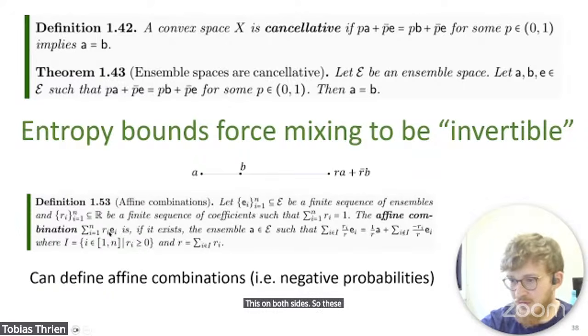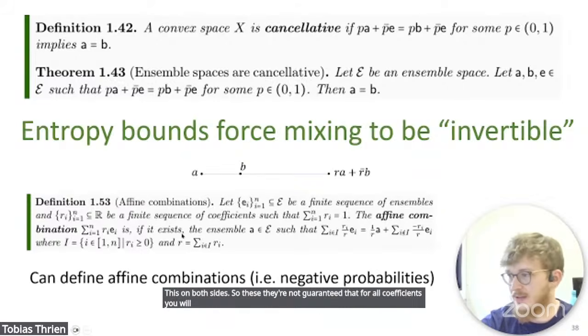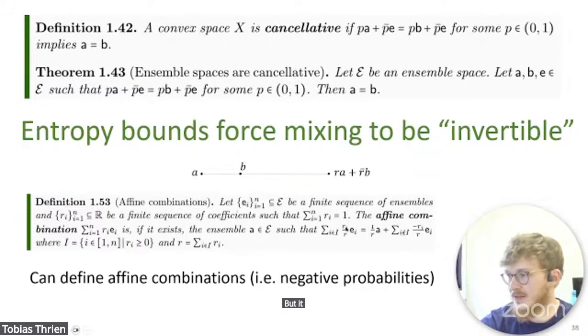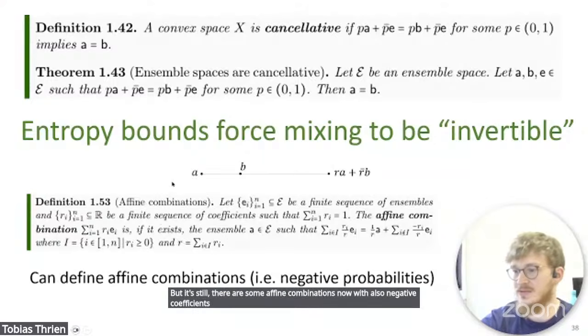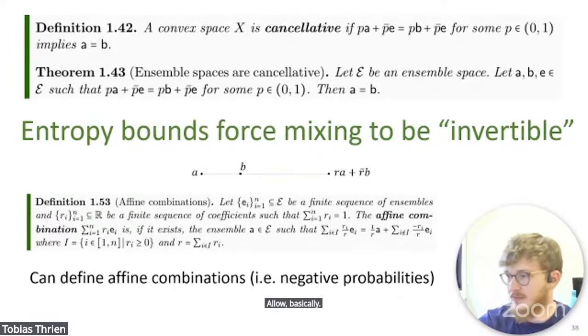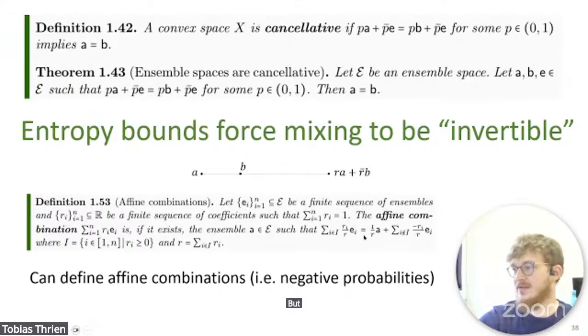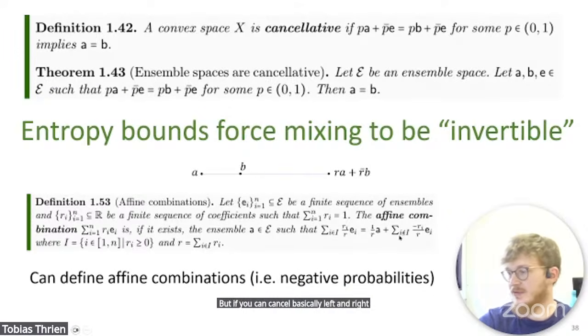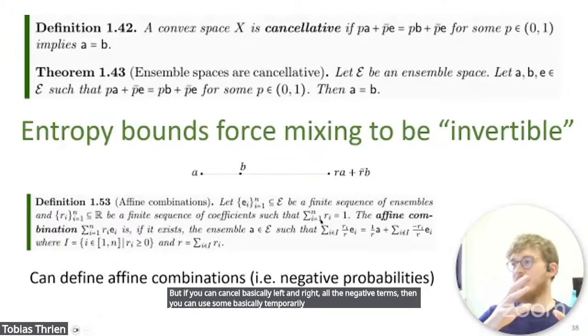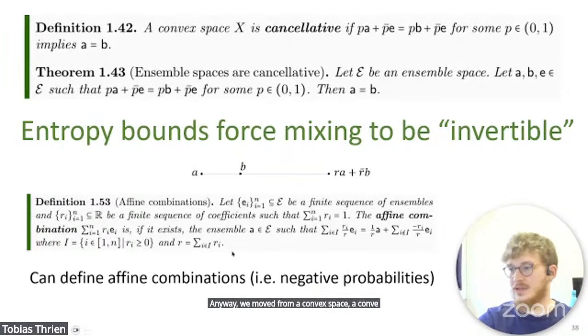They're not guaranteed for all coefficients to end up inside the ensemble space, but there are still some affine combinations, also with negative coefficients, that stay inside the ensemble space. So these affine combinations basically allow negative probabilities, if you want. You still have to make sure you stay inside the ensemble space, but if you can cancel all the negative terms left and right, then you can use them temporarily. Anyway, we move from convex combinations to affine combinations.